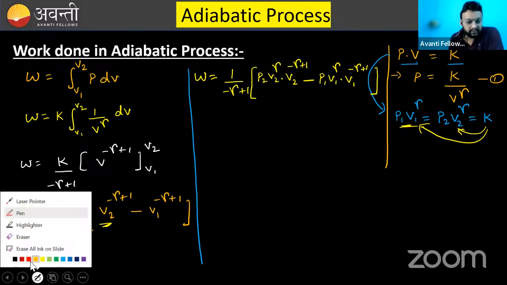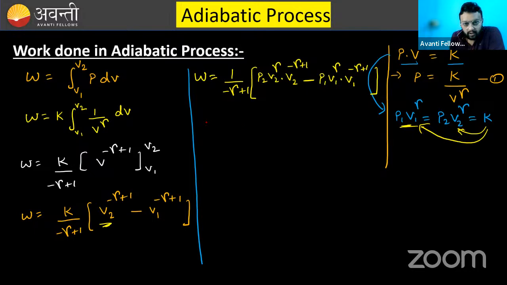So if I write it further, work done will be 1 over minus gamma plus 1. You can see if you multiply these two terms, you will get P2 V2 minus P1 V1.